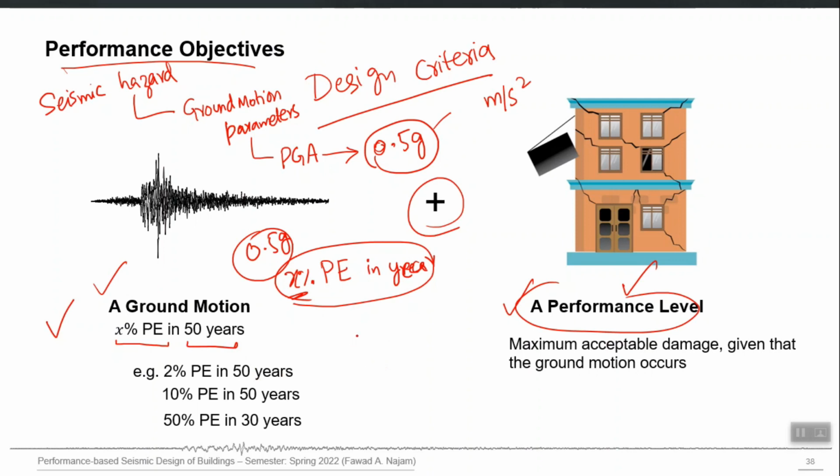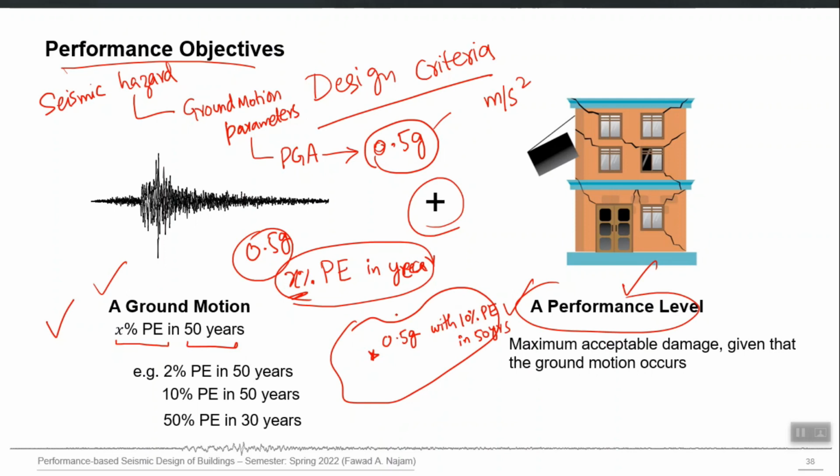When I say, let me write again, that this is a particular study area and this star symbol is your site, and I define that 0.5 g is your PGA number with 10% probability of exceedance, 10% PE in 50 years. First, try to understand this whole thing.